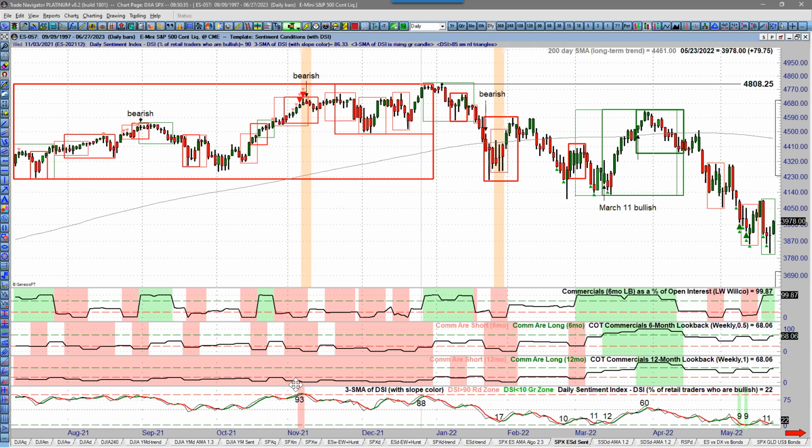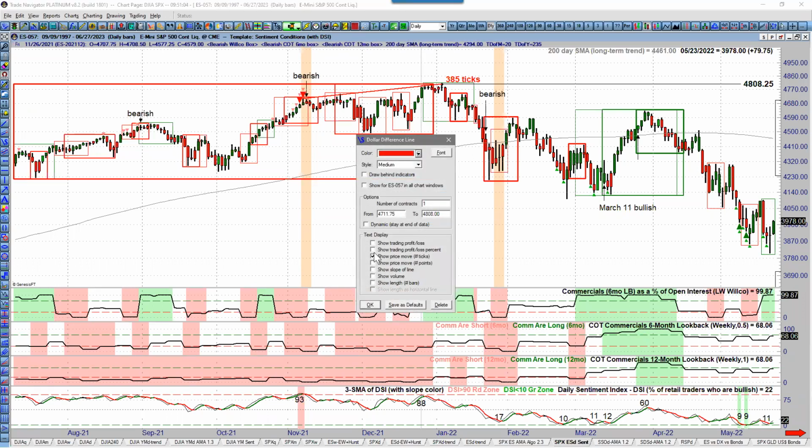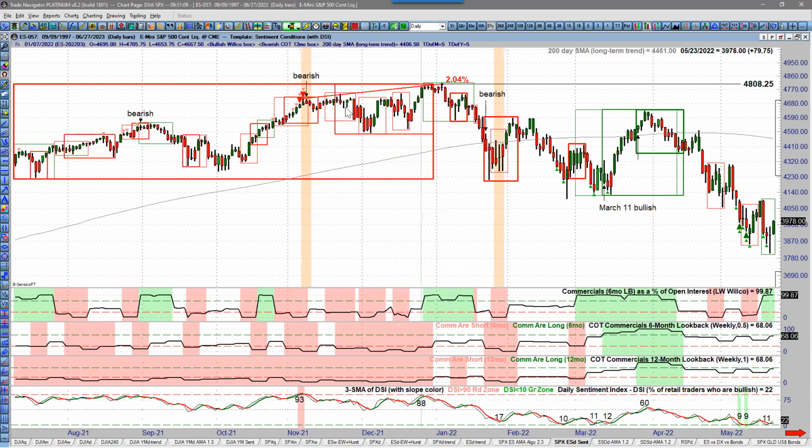We got this 93 reading here, and a few days prior to the peak, we got an 88 reading. But when you get a reading above 90, that may not be the most perfect timing signal in the world, but it is a warning, and it's a good one, because the stock market, from the time it showed a 93 reading on the DSI to the time it topped, only had 2% more upside.